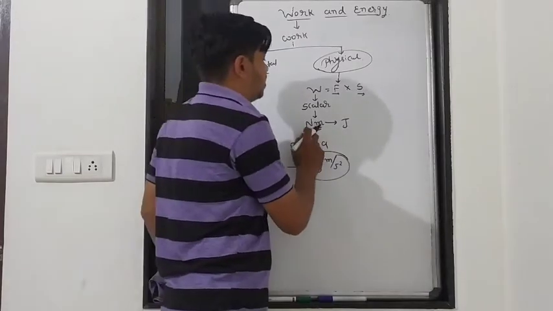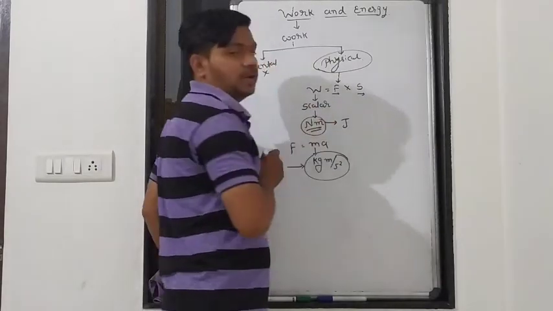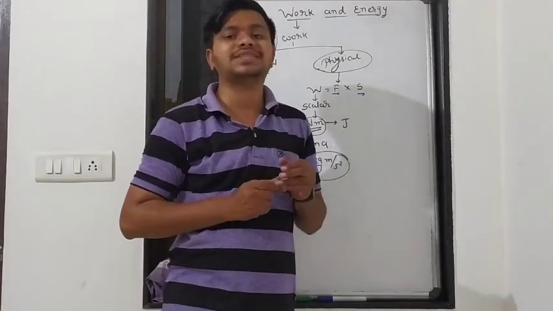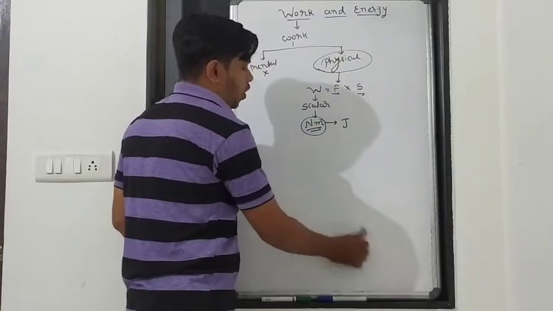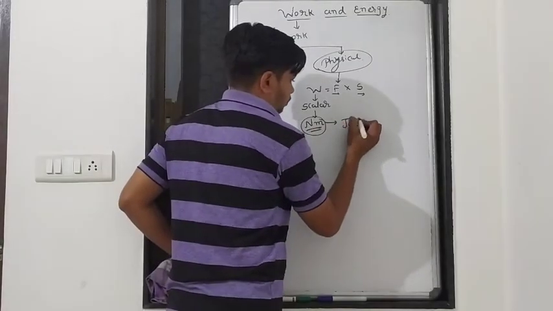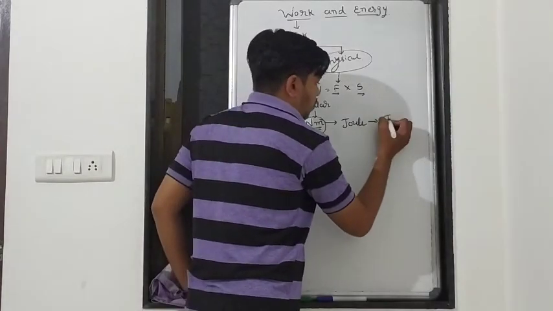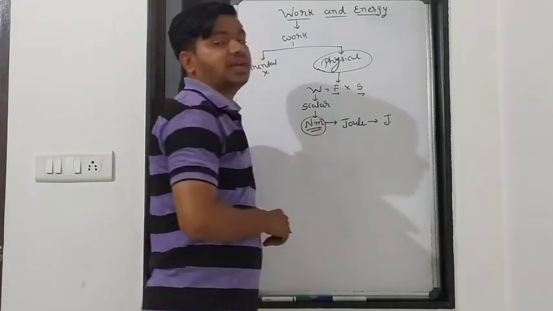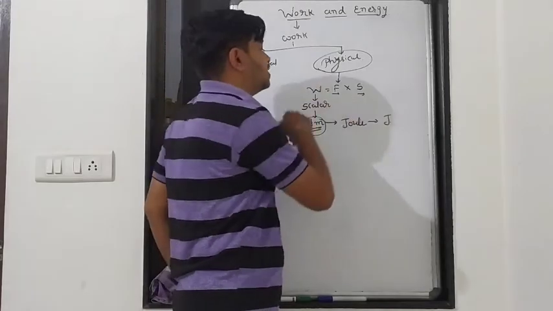Like that, the unit of work is Newton into meter, which is also known as joule. Joule was a scientist, and out of respect for Joule, we call the unit of work a joule. It is generally denoted by capital J. So the SI unit of work is joule. You have to remember that. Understand?